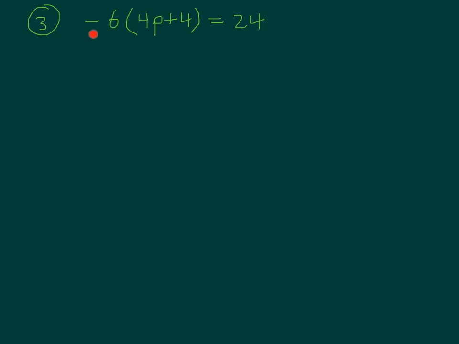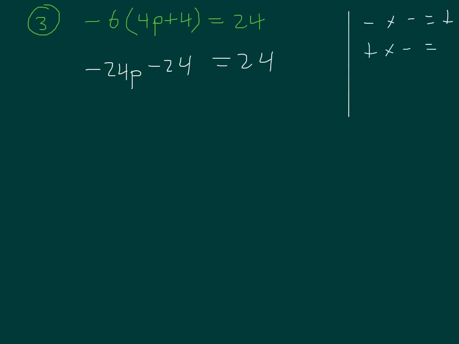Now we've got a minus sign in the number out the front, so just remember, if you've got a minus sign out the front, it's minus 6 times 4p and minus 6 times plus 4. So let's get on with this one. Minus 6 times minus 4p is minus 24p, and minus 6 times plus 4 is minus 24. Just remember, if you've got a minus times a minus, it equals a plus. If you've got a plus times a minus, it equals a minus.